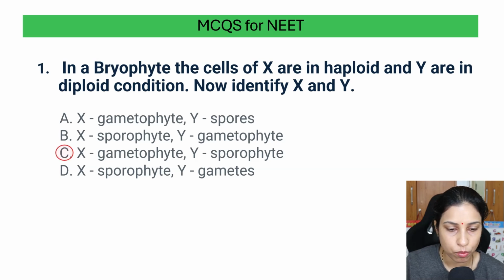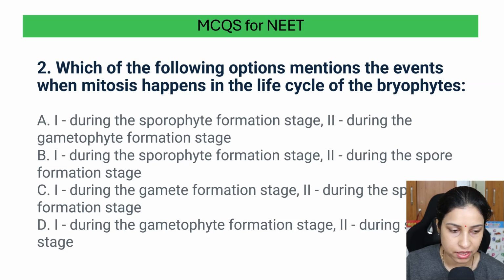Which of the following options mentions the events when mitosis happens in the life cycle of bryophytes? In which condition is mitotic division happening? The first option is during the sporophyte formation stage, and the second is during the gametophyte formation stage. Mainly mitotic division happens when the gametes are forming.